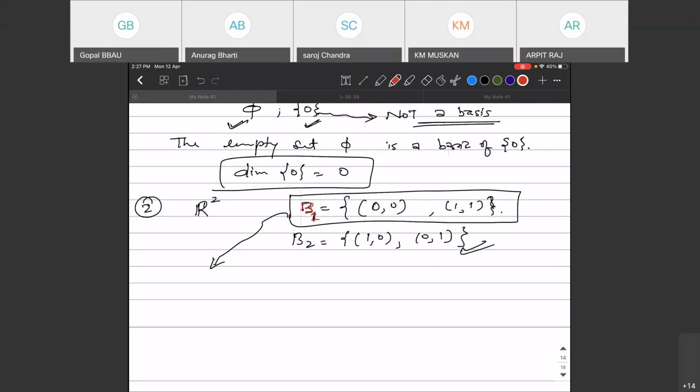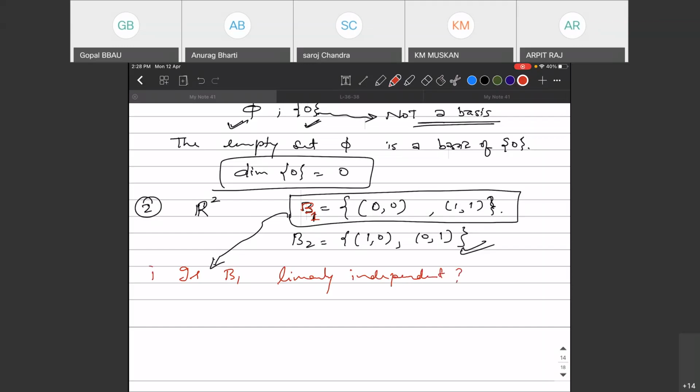So what is a basis? A basis is a non-empty subset of V which spans R2 and is linearly independent. So first question, is B1 linearly independent?